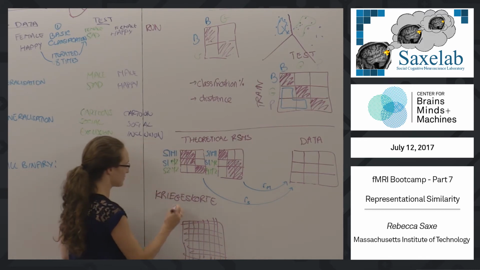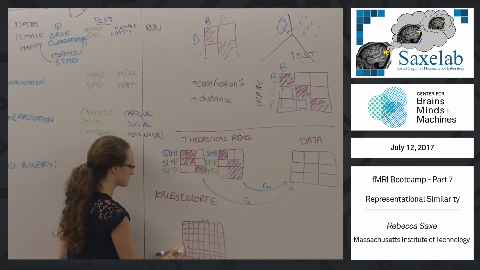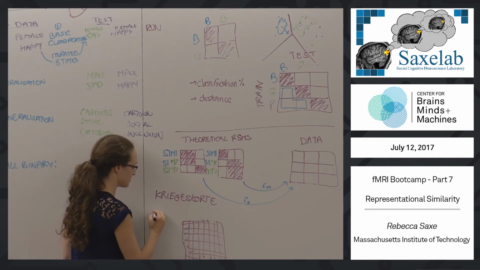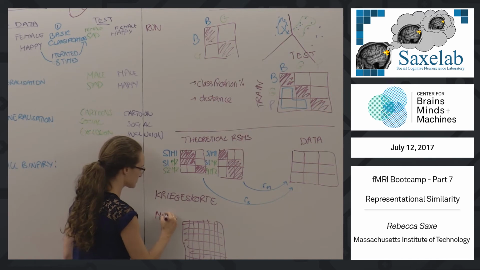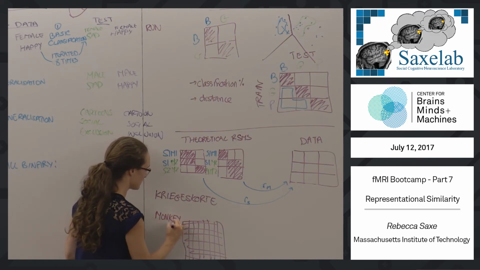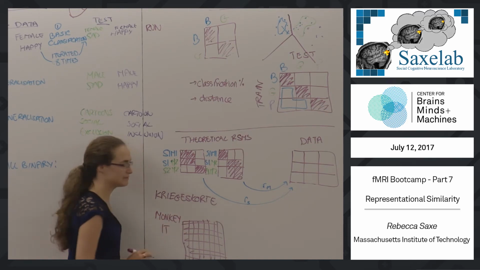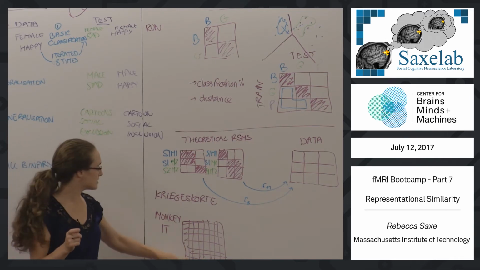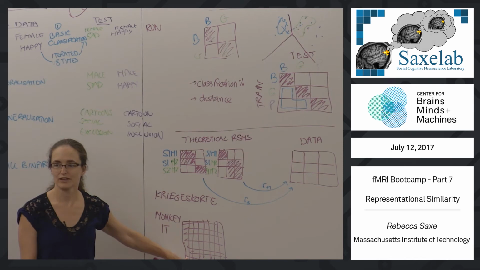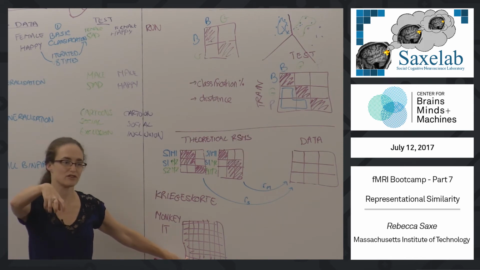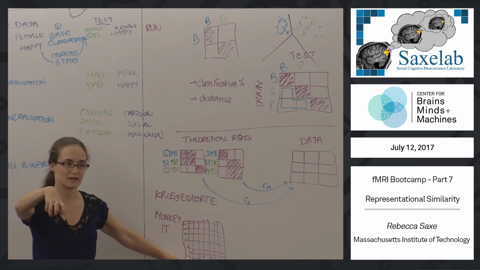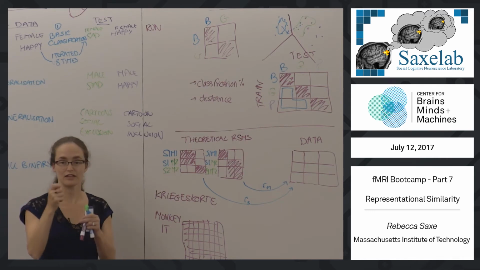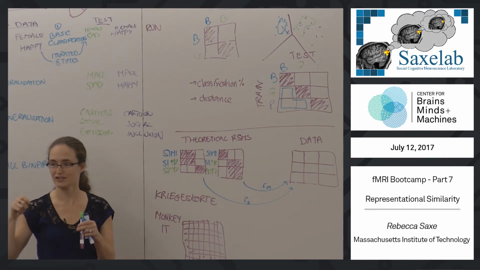Where one of the similarity matrices came from, so these are all images, was single unit recording in monkey IT. What similarity means in this representational similarity matrix is, for the population of neurons recorded in monkey IT, the distance. Now each neuron is a dimension, right?